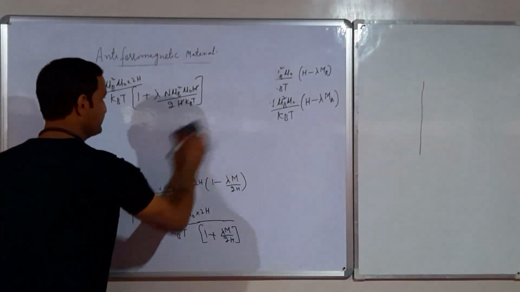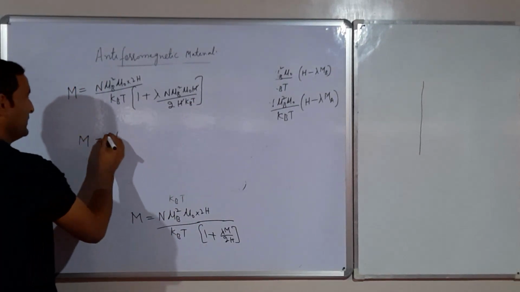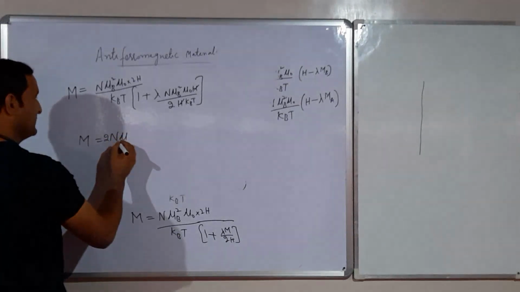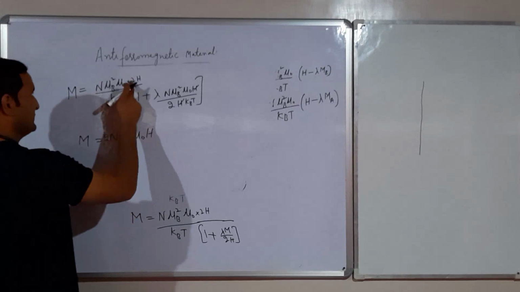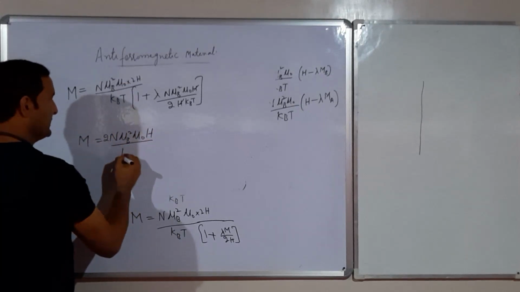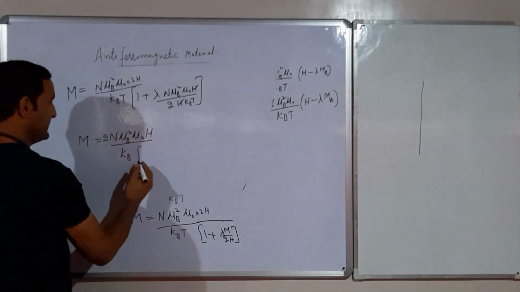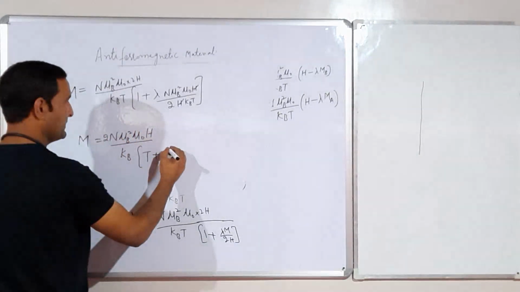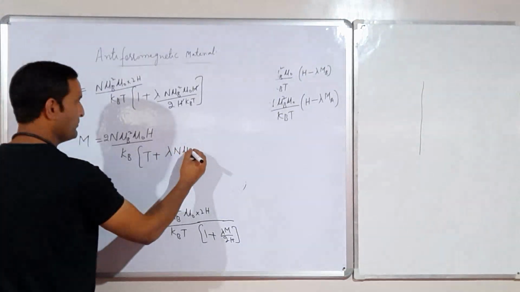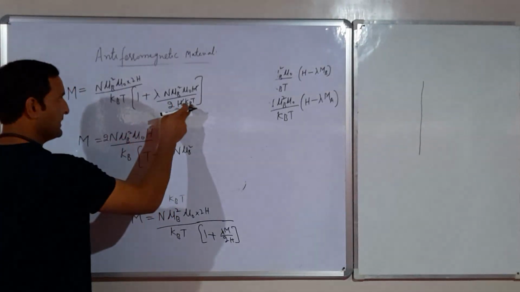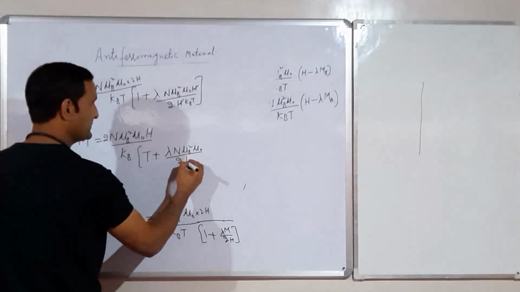Therefore, M will be equal to twice N mu B square mu naught H, this twice is here, upon KB. So T will be given inside, that is T plus lambda times M mu B square, because T and T will cancel, mu naught upon twice KB.